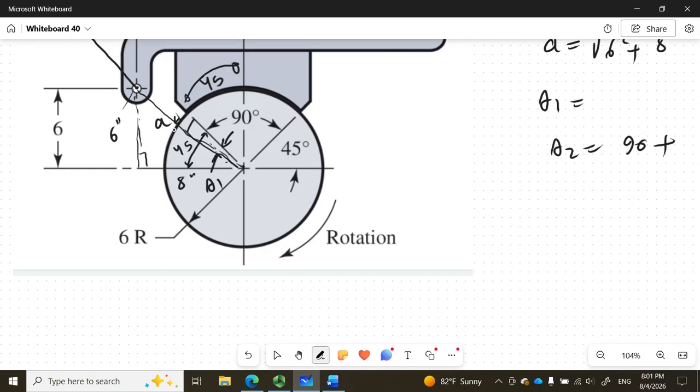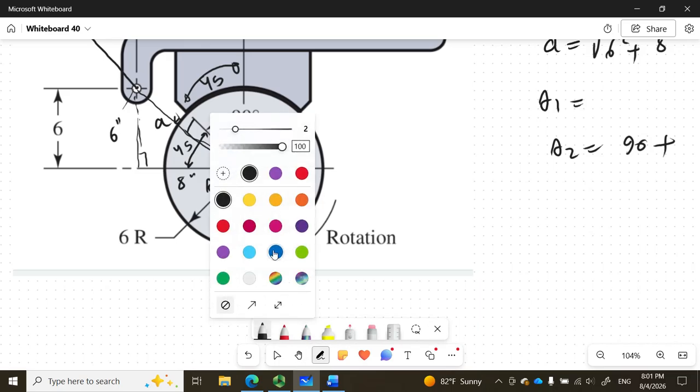Yeah, so this angle is 45, and this theta 1 is actually the difference between 45 and the other angle I'm going to show here. Let me show it in a different color.